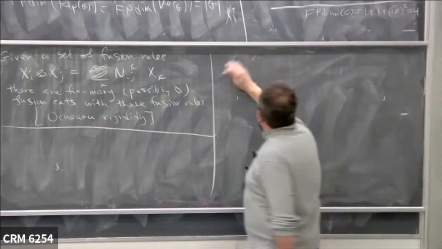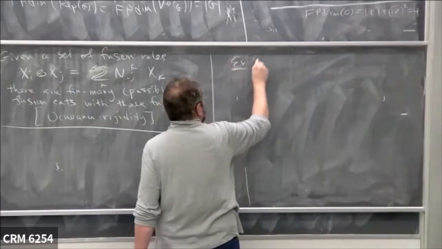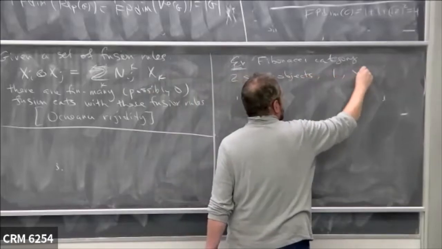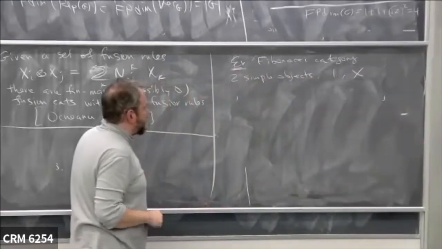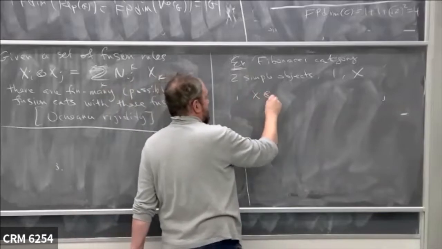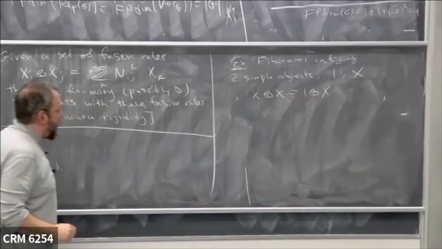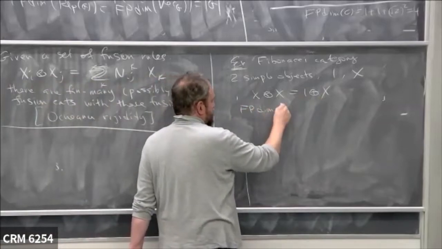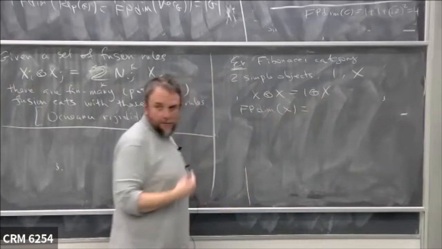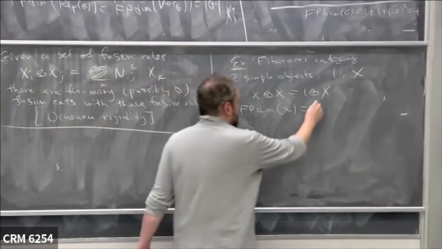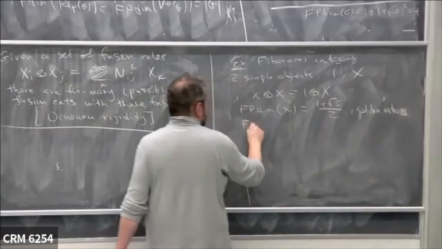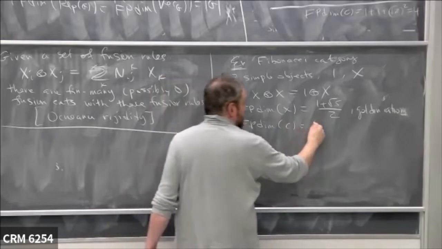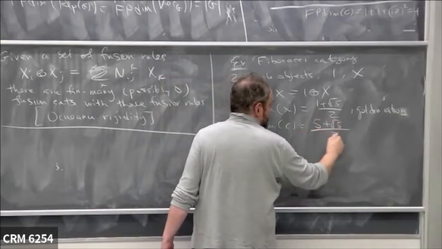Another example would be the so-called Fibonacci category that has two simple objects, 1 and X, with the fusion rule that X tensor X is 1 plus X. In which case, the Frobenius-Perron dimension of X, by solving the quadratic equation, has to be positive, remember. So it is the golden ratio. And the Frobenius-Perron dimension of the category in this case is the sum of squares, which is (5 plus square root of 5) over 2.